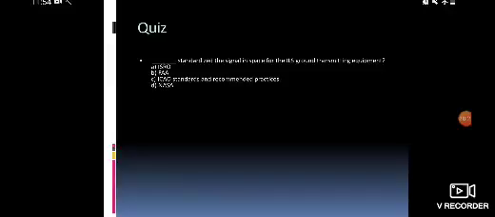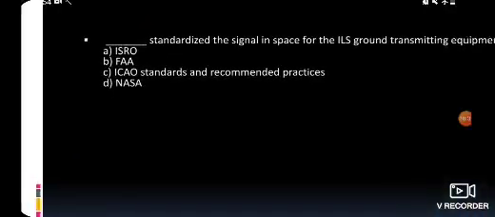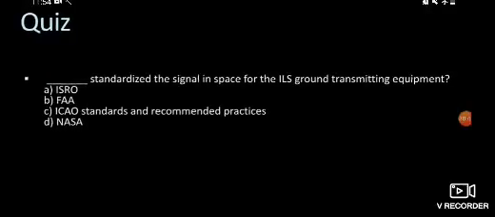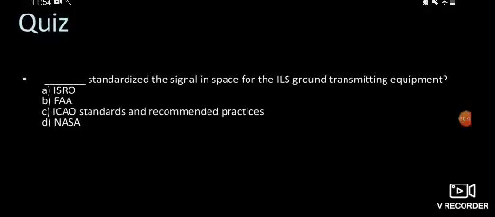The first option is ISRO, the second one is FAA, the third is ICAO standards and recommended practices, and the fourth one is NASA. So please note this question.